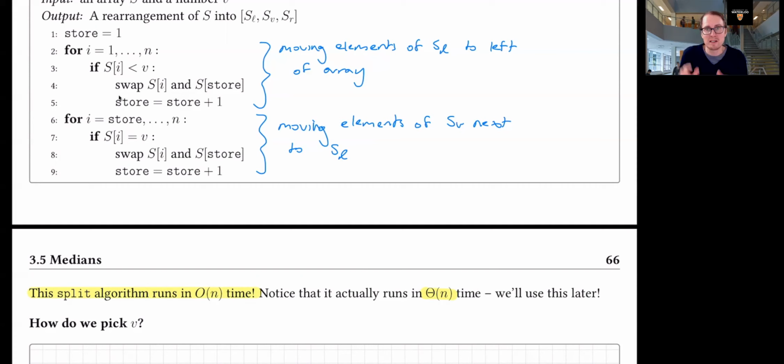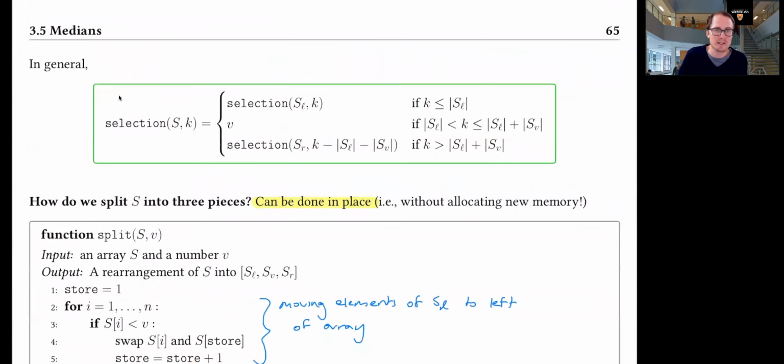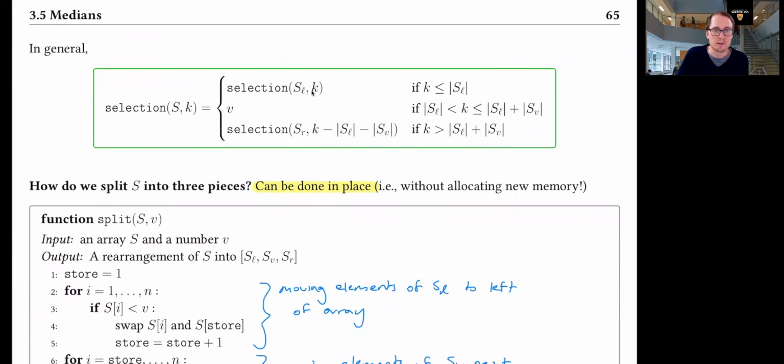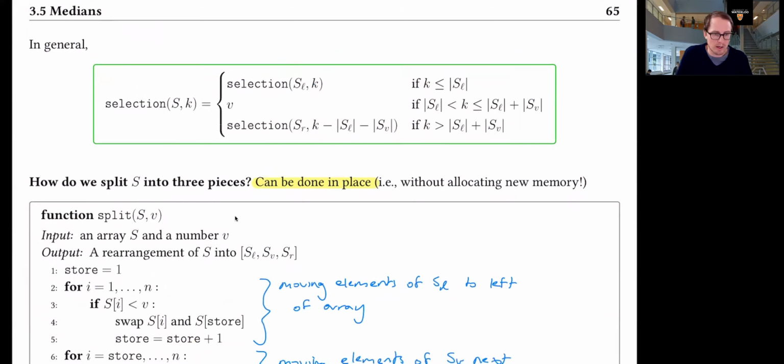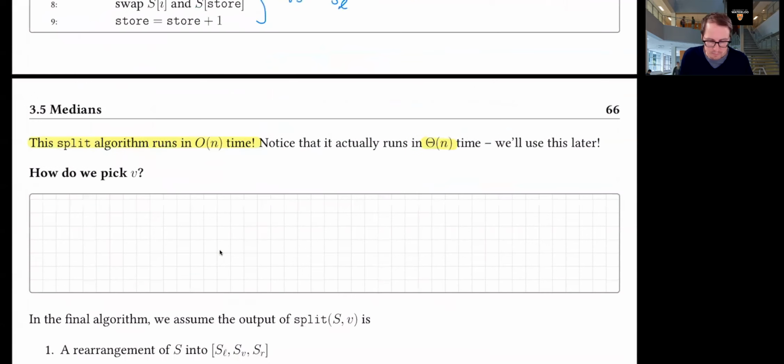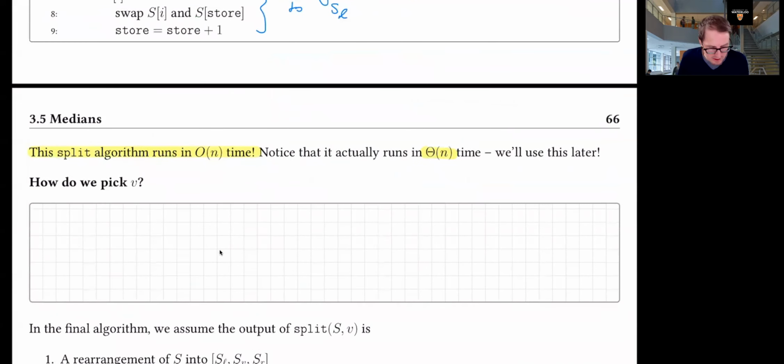If I had a V, I could split it, and then I could use this selection rule to decide whether to search in S left, to just return V because I lucked out, or to search in S right. And the way we're going to pick V is that ideally, to narrow down the search, I'd like there to be an equal number of elements in S left and S right.